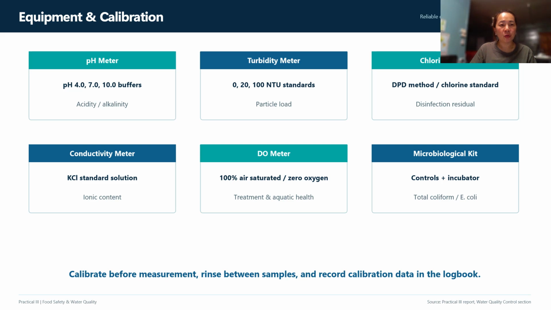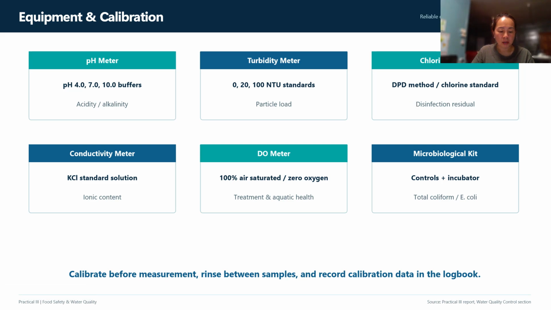For equipment and calibration, reliable water quality results depend on properly calibrated equipment. For example, a pH meter is calibrated using standard buffer solutions such as pH 4, 7, and 10. The turbidity meter uses standard solution while the chlorine meter is used to measure the chlorine residual.